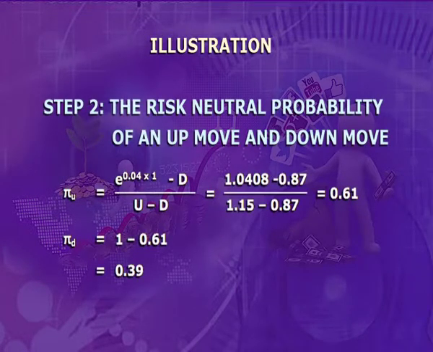The risk-neutral probability of an up move and down move: phi U is equal to e raised to the power 0.04 minus D, upon U minus D, which is equal to 1.0408 minus 0.87, whole divided by 1.15 minus 0.87, which is further equal to 0.61. Phi D is equal to 1 minus 0.61, which is equal to 0.39.